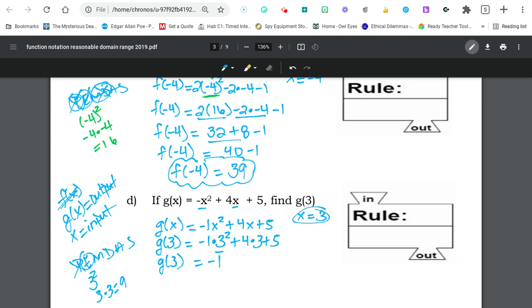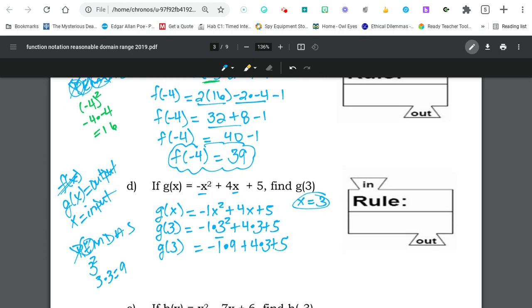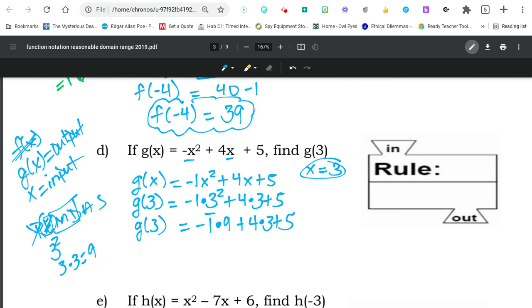So you're going to end with -1 times 9 plus 4 times 3 plus 5. But just bring the rest of this back down. Exponent gone. Go on to multiplication, division. All right, so no division. So I'm going to do multiplication from left to right. -1 times 9 is -9. 4 times 3 is positive 12. And then bring down my plus 5.